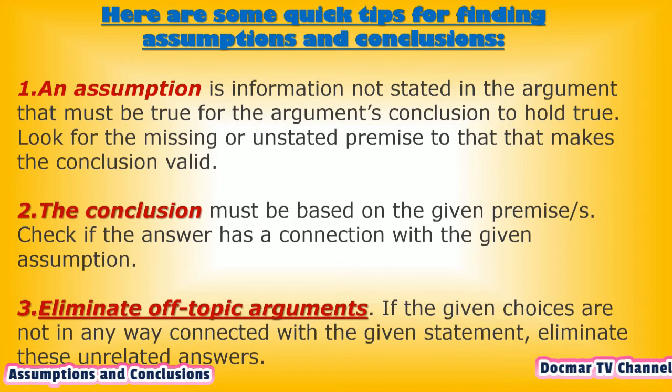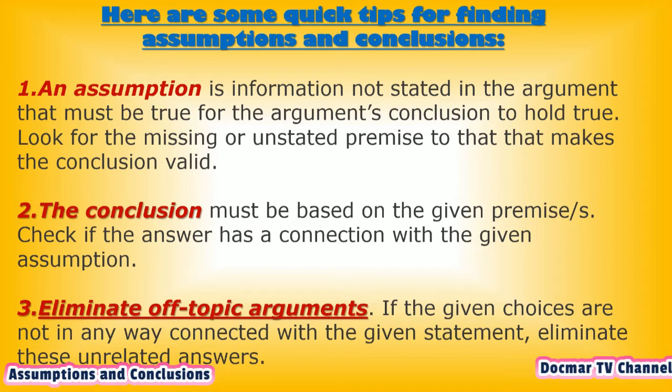Number two is conclusion. The conclusion must be based on the given premise or premises. So we have to check if the answer has a connection with the given assumption. Later, I will give you an example of how the conclusion works. In number three, we have to eliminate off-topic arguments.